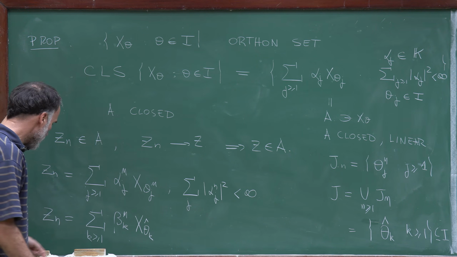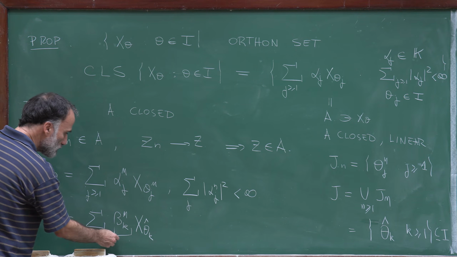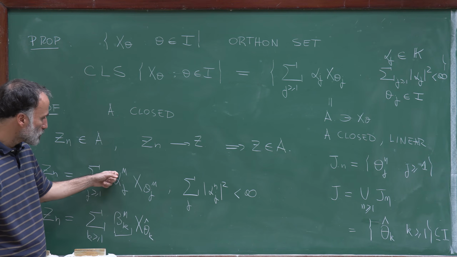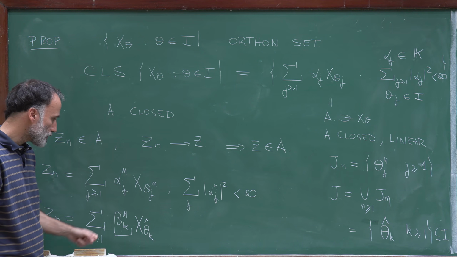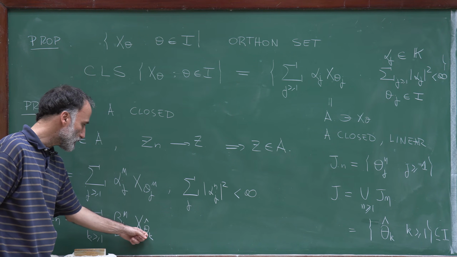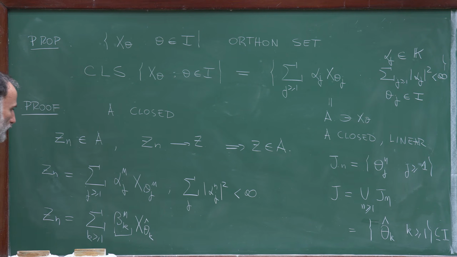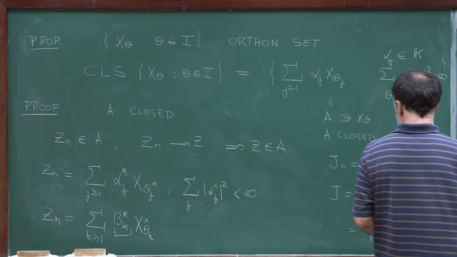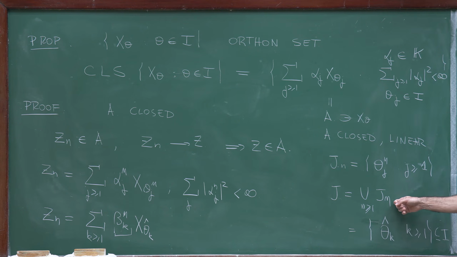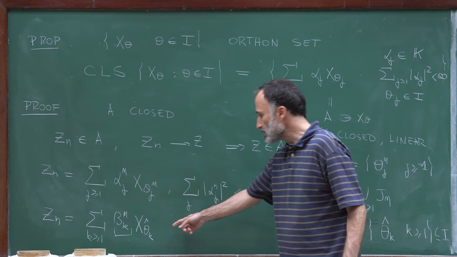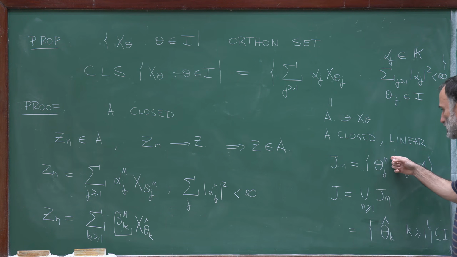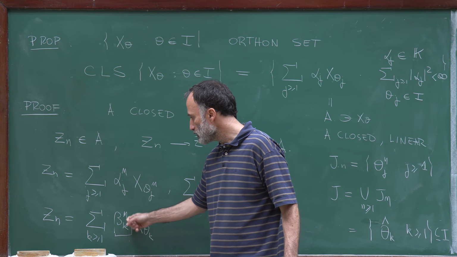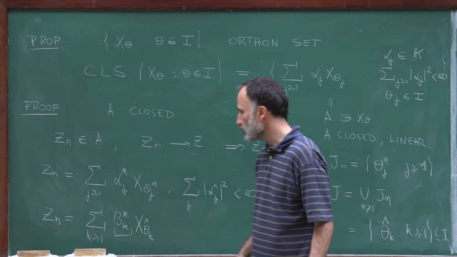What I mean here is that most of these scalars beta will be 0, and some of them will be equal to the alpha j's, the ones for which theta hat k is equal to some theta n j. If theta hat k belongs to Jn, this means that theta hat k is equal to some theta n j, and therefore the corresponding beta n k will be alpha n j.